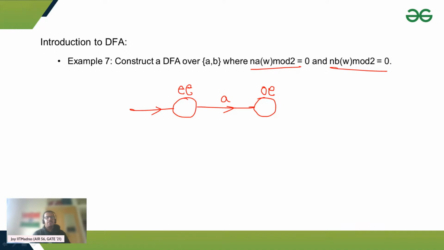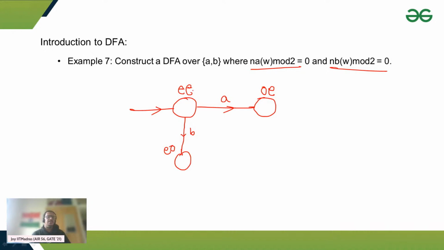From here, if we get B, what will happen? The number of A stays the same, but the number of B will be odd.